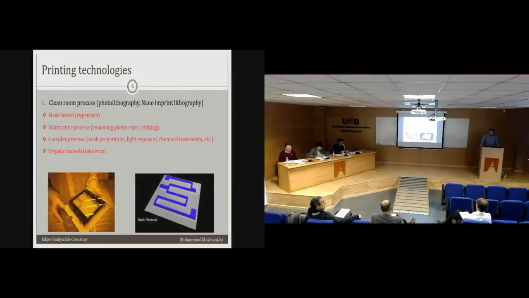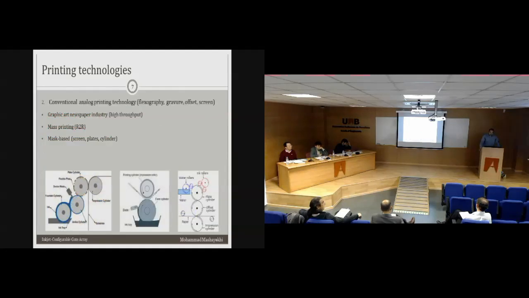But the question is that since they are mask-based and subtractive processes, first of all, they're expensive, and they would cause some problems for organic materials, and some organic materials are intolerant to these technologies, and as they are very complex, consisting of mask preparation, light exposure, etc., it is expensive and complex. So basically, they are used for high-end applications where performance and miniaturization are playing important roles.